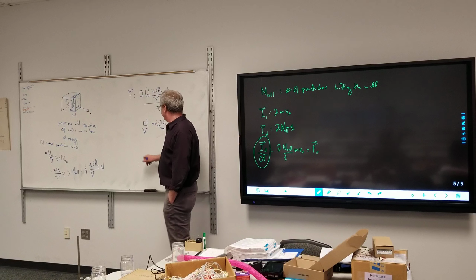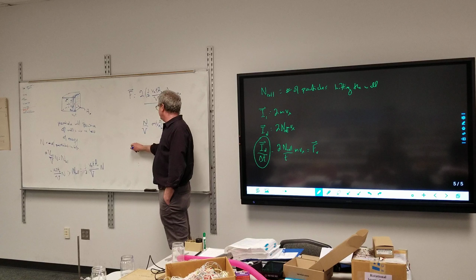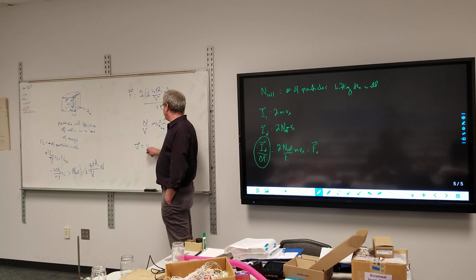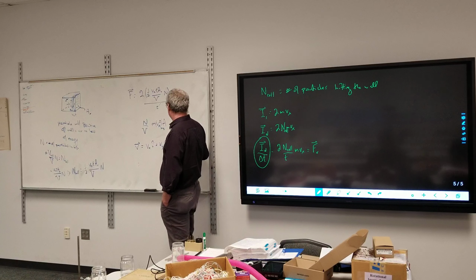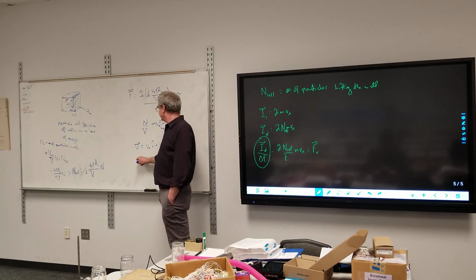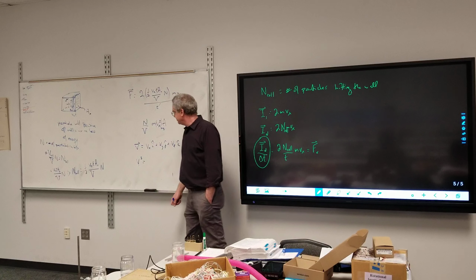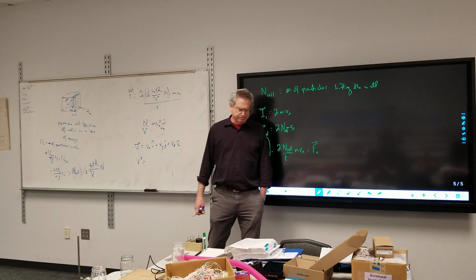Now, if I have a particle, the velocity of a particle is Vx i hat plus Vy j hat plus Vz k hat. What's V squared?